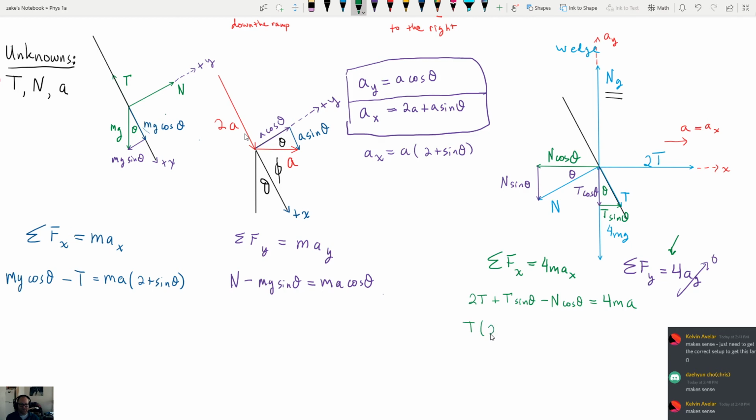So we're going to do T times 2 plus sine theta. Okay, so this is what we're going to do. We're going to stack these equations together. We're going to multiply by some coefficients in order to get some things to cancel out, and we're going to try to solve this like that.